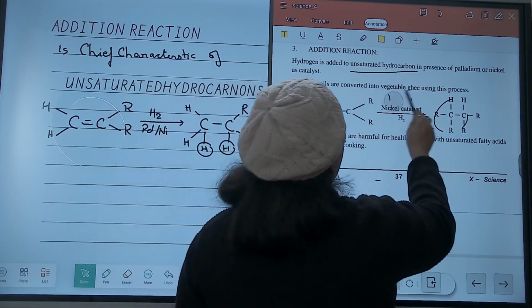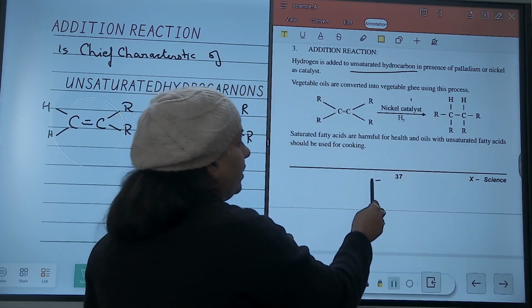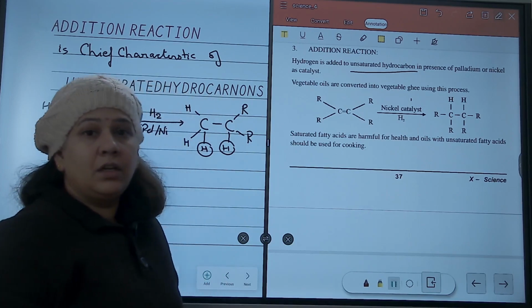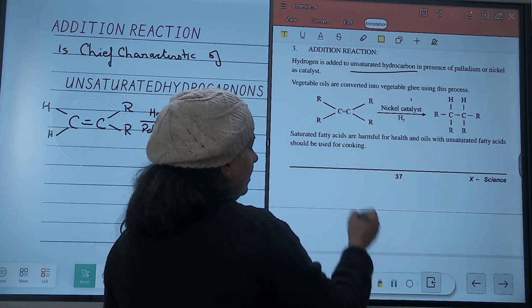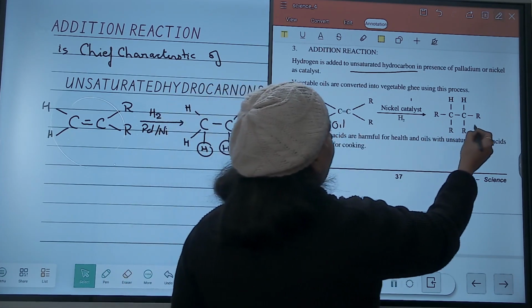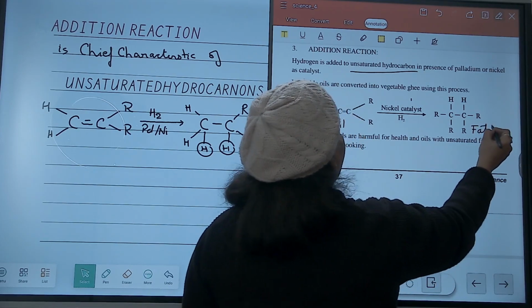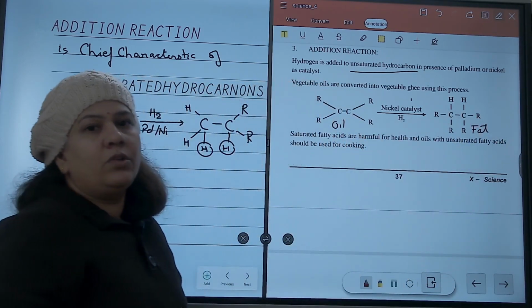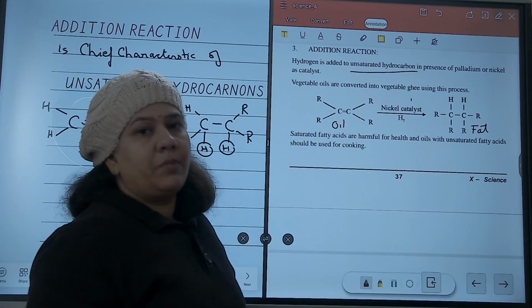So what is the logic of converting oil into fat? Well, oils are good for health. If you consider this as oil and this as fat, which is saturated, you must always remember that it contains only single bonds. Unsaturated means double or triple bond.